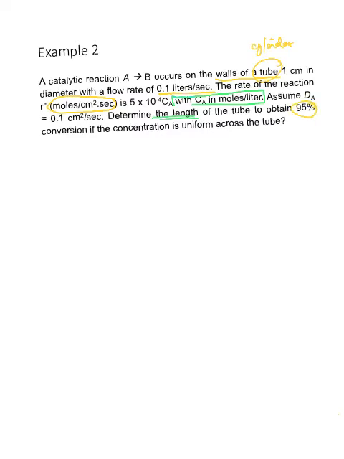Again, for a cylindrical reactor, we can model the reactor as a PFR. Therefore, the mole balance equation or design equation for a PFR is dCA per dt equals R. R here is the pseudo homogeneous rate.